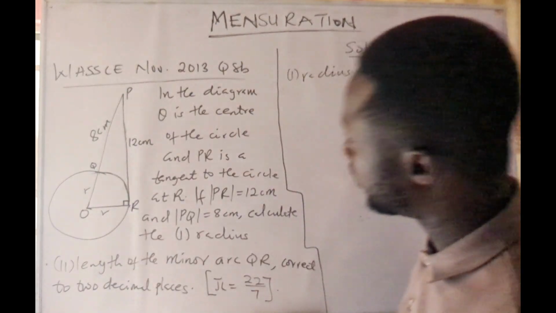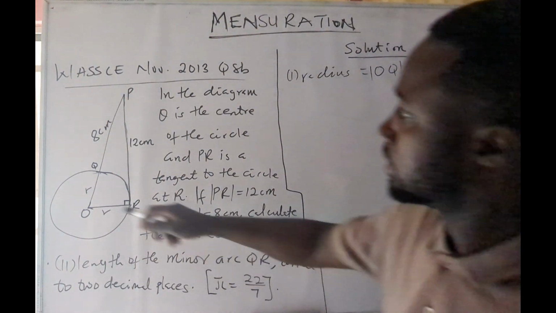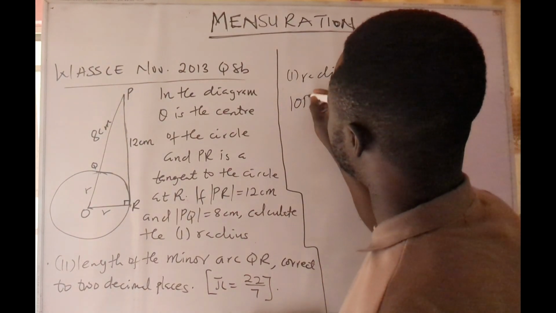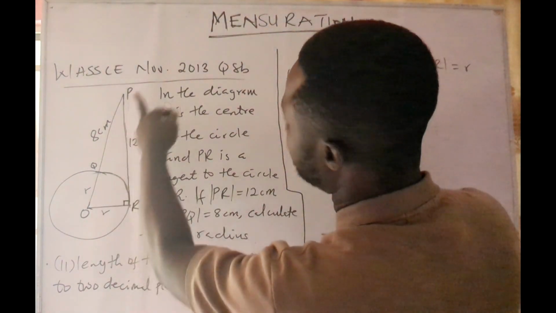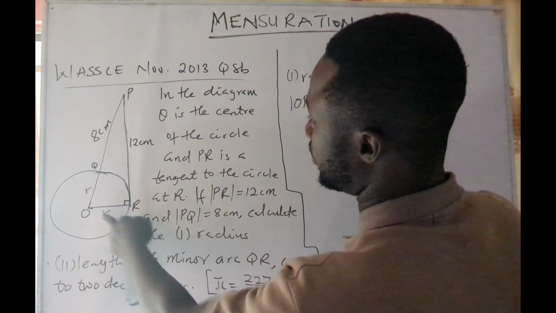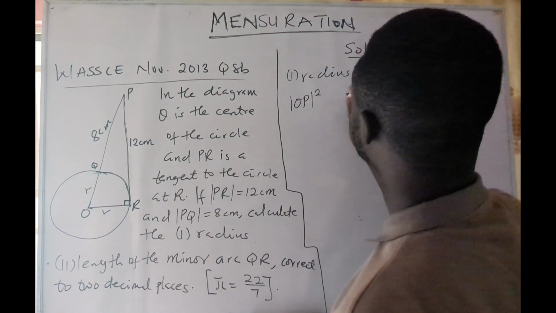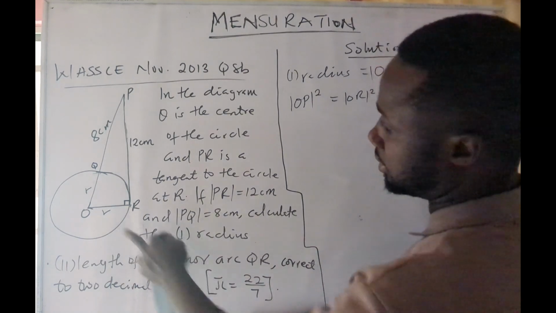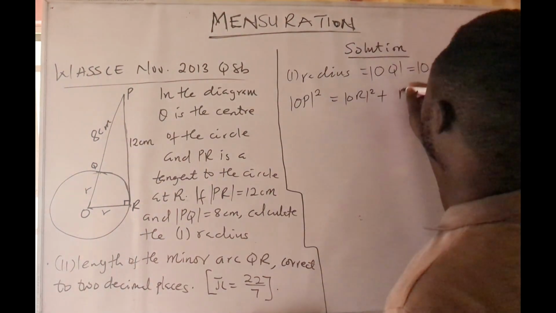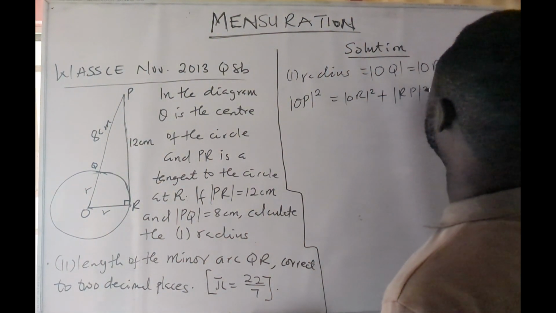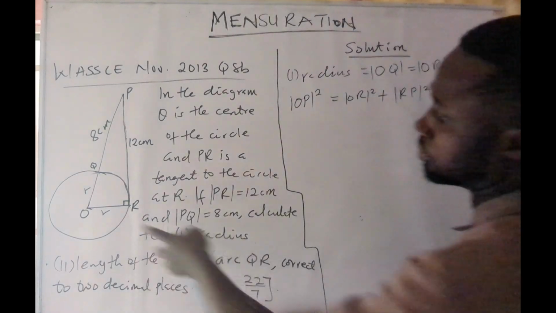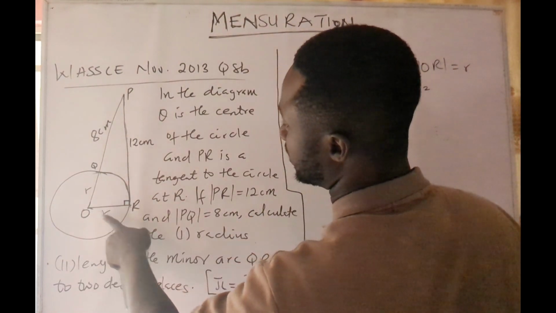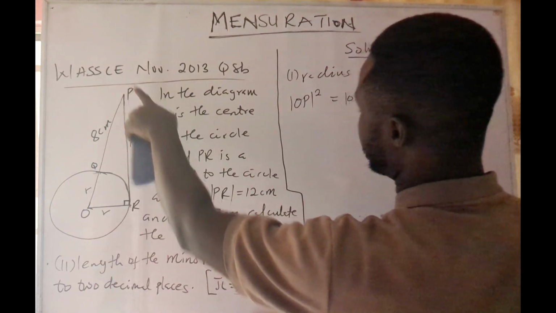So from the Pythagoras theorem, we can say that OP squared is equal to OR squared plus PR squared. The hypotenuse squared, from O to P, is equal to this square plus this square.